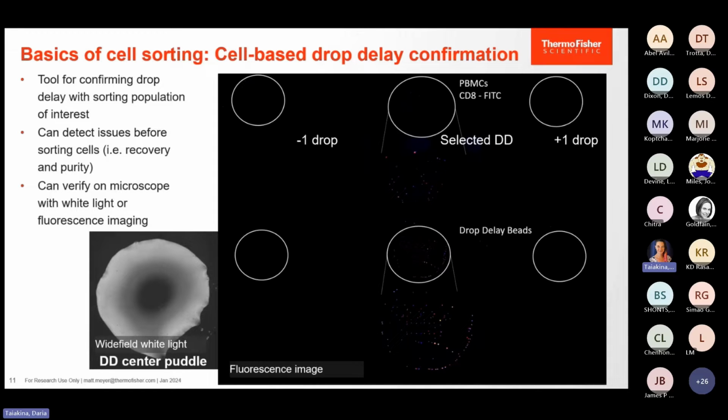So this is just looking at PBMC that were CD8s with FITC, and we can verify that all the cells were falling within the correct drop delay as measured on the system.